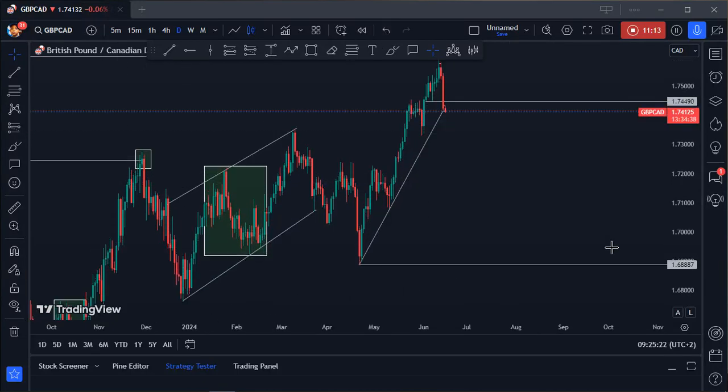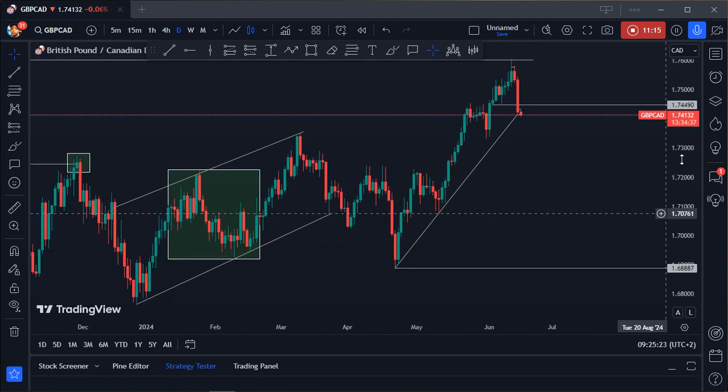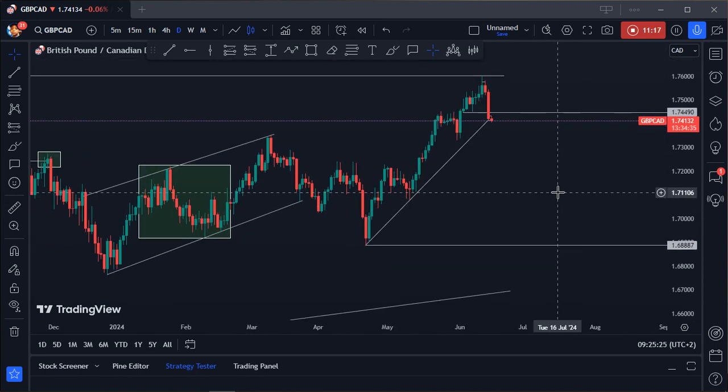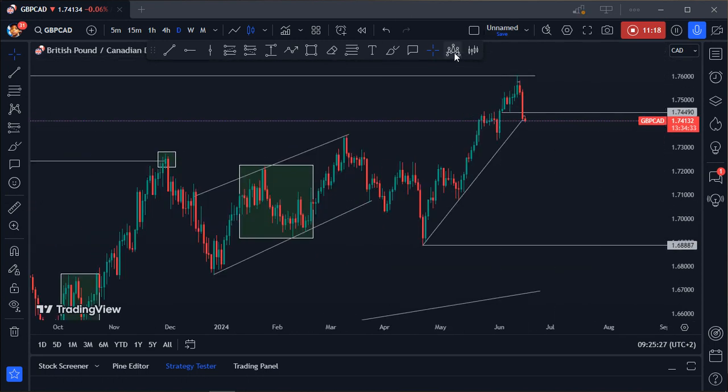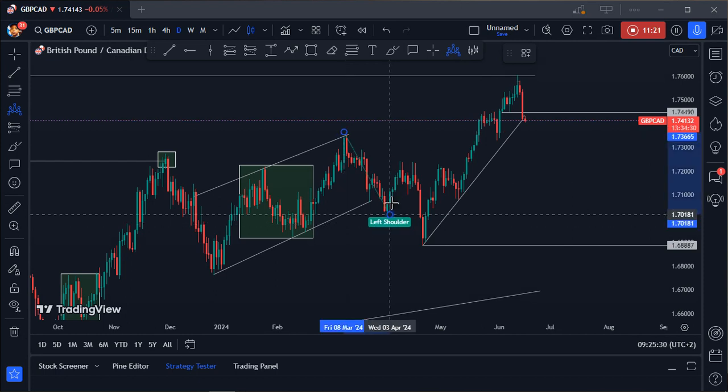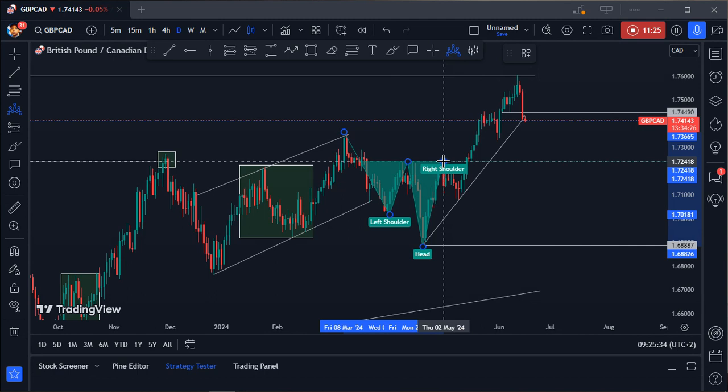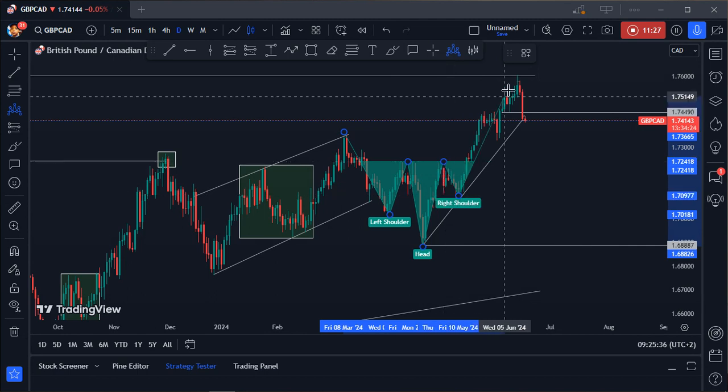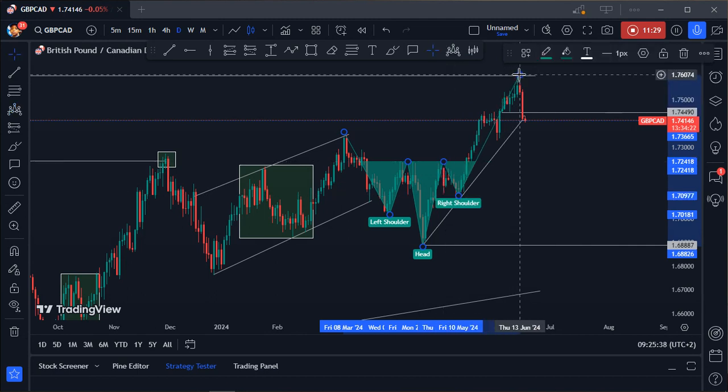So let's continue, guys. Already, if I'm just looking at this, I can spot that we have an inverse head and shoulder, which led to this whole move to that previous high that we have around there.